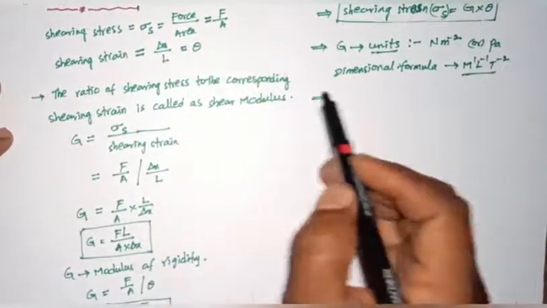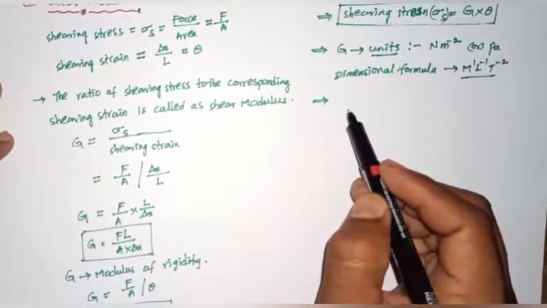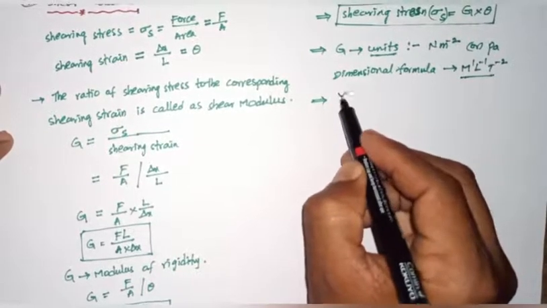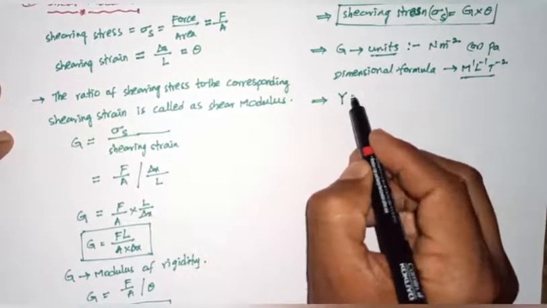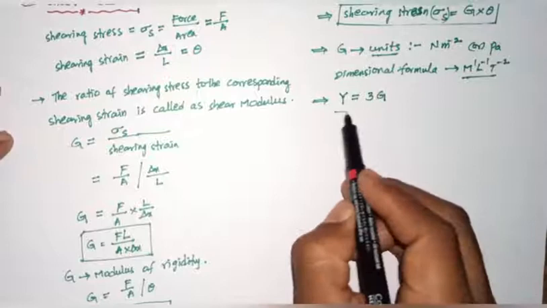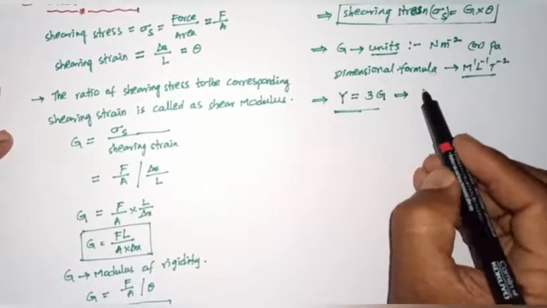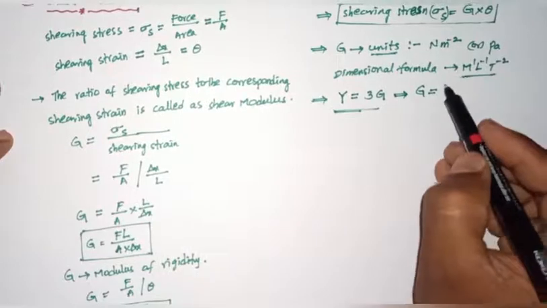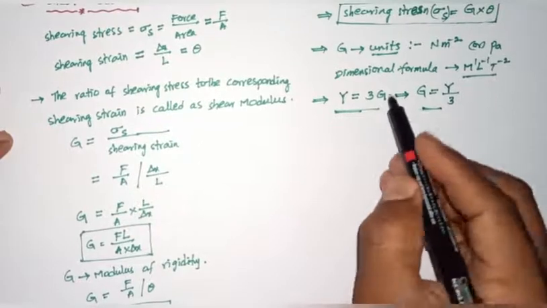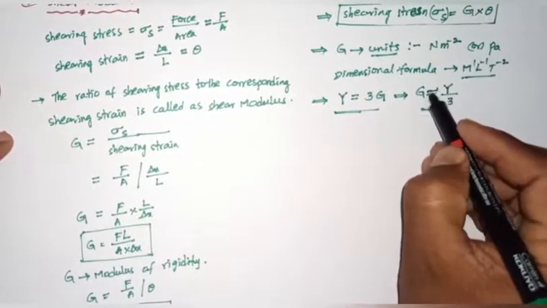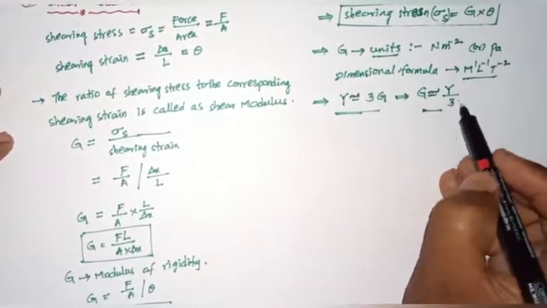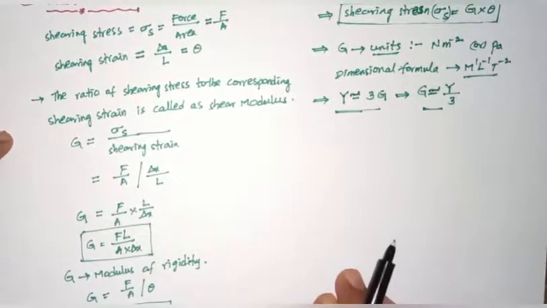The shear modulus is much less than Young modulus. For most metals, Young modulus is approximately 3 times the shear modulus, so Y equals 3G, or G equals Y by 3. So this is about shear modulus.